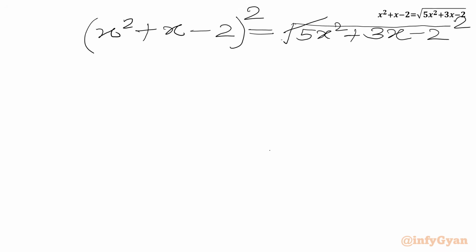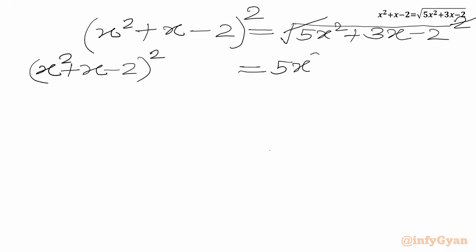So the square root and square will cancel out from the RHS. We will get (x square plus x minus 2) whole square on the left hand side, and we will write 5x square plus 3x minus 2 on the right hand side.